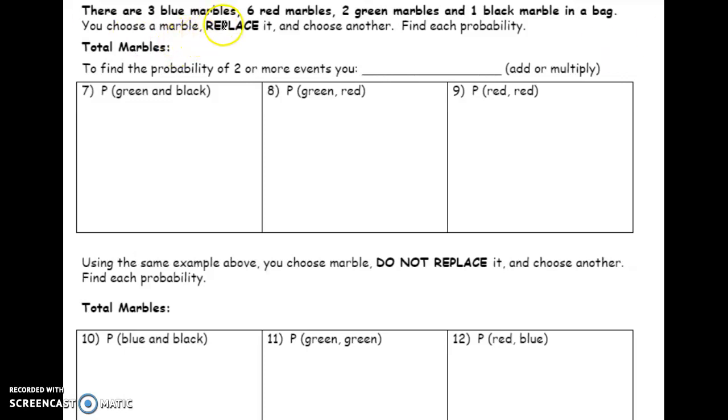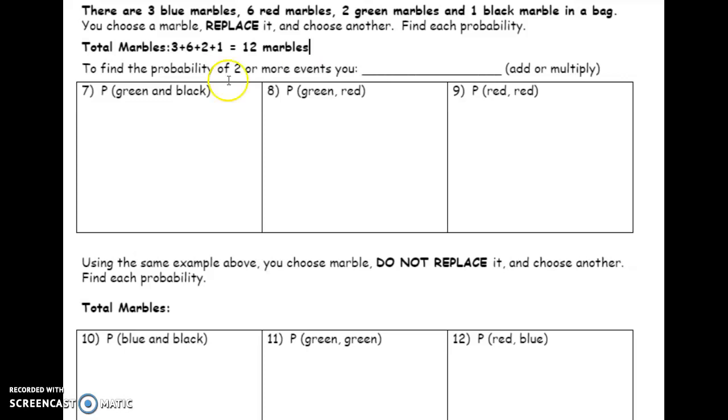You choose a marble, replace it, and then choose another one.